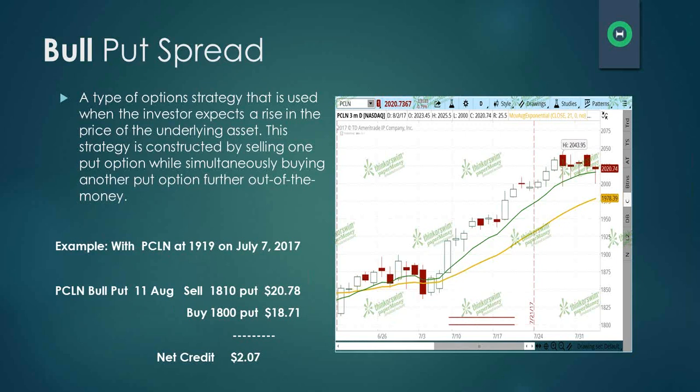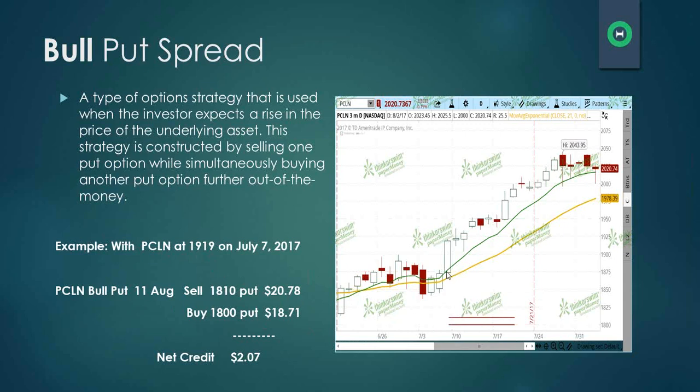So we're coming all the way down to 1810, or 110 points below where we're at, and selling that 1810. And for that we're getting $20.78. But we're buying one further out of the money at 1800, and that will cost us $18.71, but we get a net credit then of $2.07.